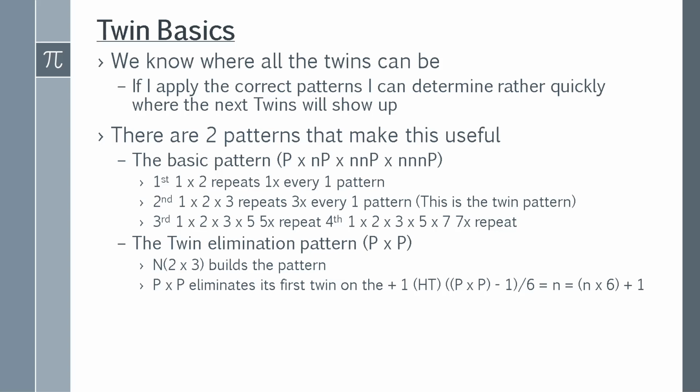That's the first number that we lose from the twins. The formula is prime times prime minus 1, divided by 6, gives you a number divisible by 6.